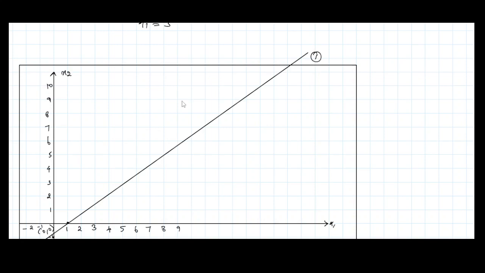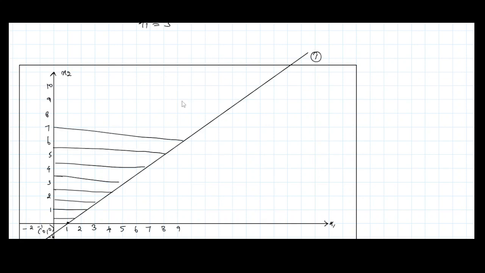So this region is covered by equation number 1. Since it is less than or equal to, it has to cover 0, 0.